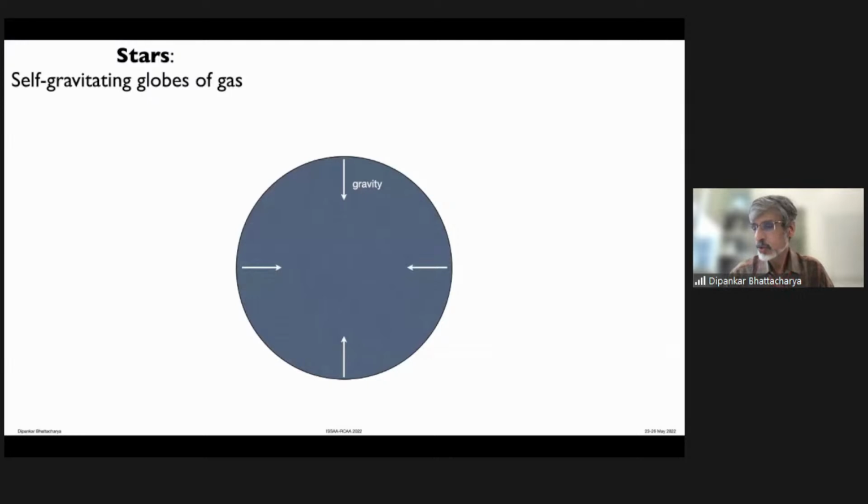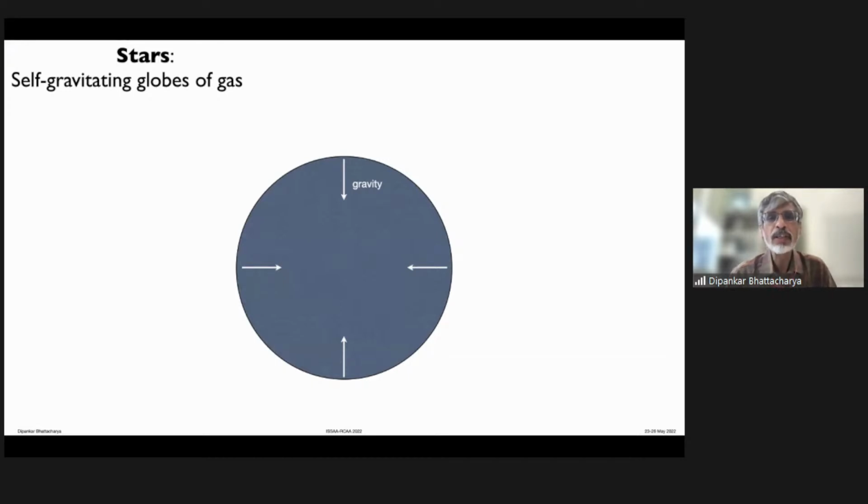Okay, so what are stars? Stars are self-gravitating globes of gas. What is the Earth? Earth is a self-gravitating globe of mass, which is not made of gas, but it's liquid and solids. Well, stars are made of gas, and the gas is held together by its own gravity.